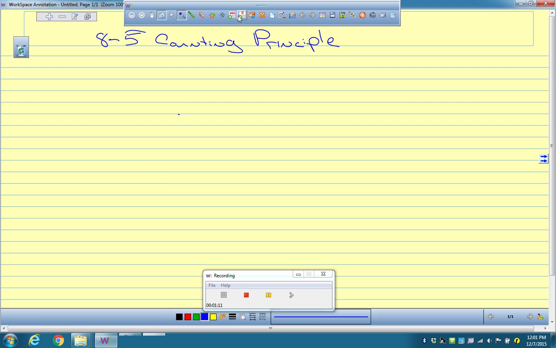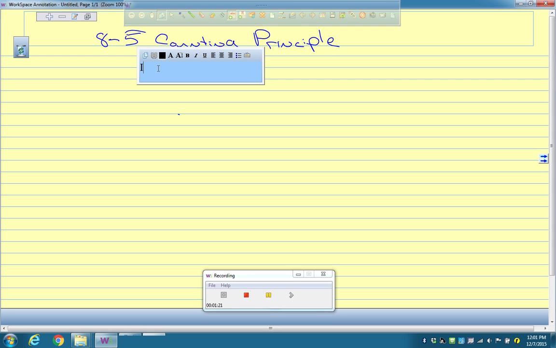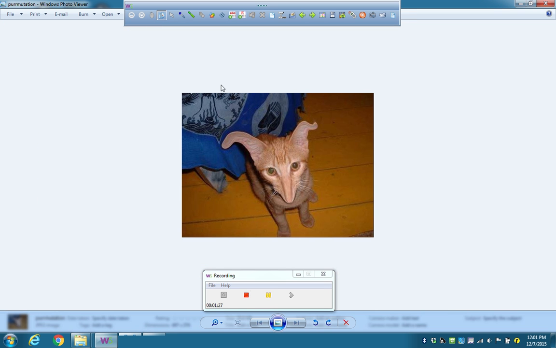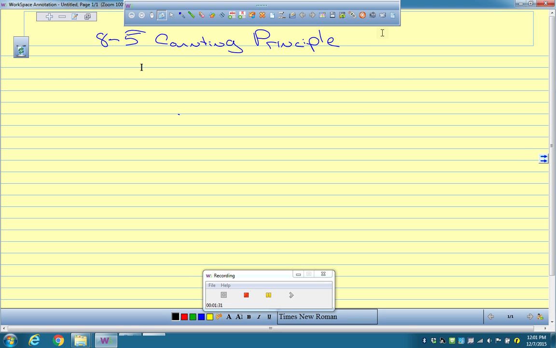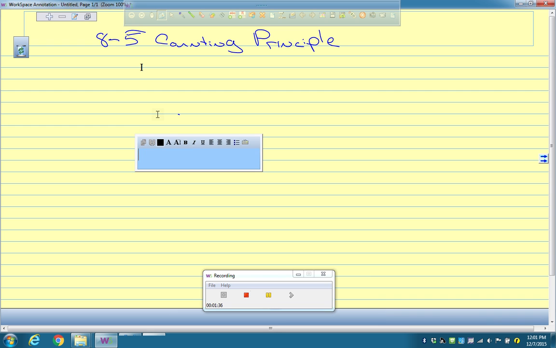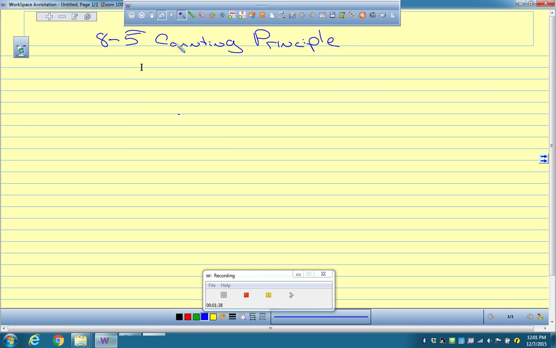Maybe I'll write it with my keyboard because that's faster. No, I'm going to do it like this. Never mind, I'll just write it. So the counting principle says this.